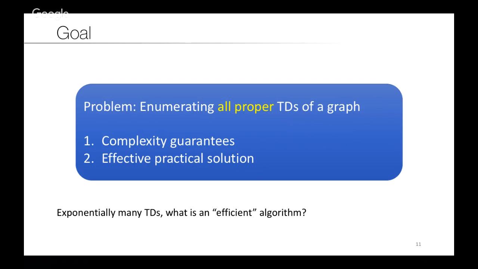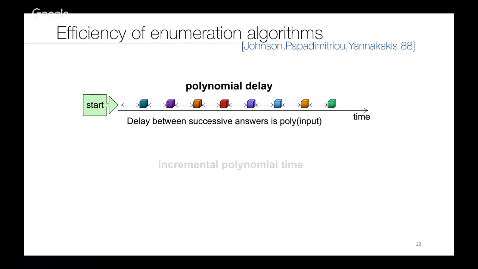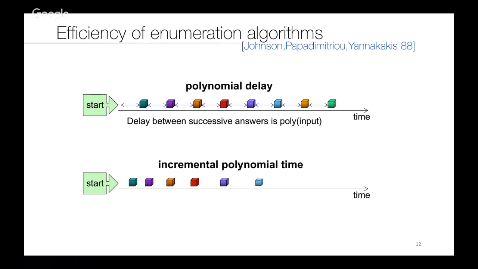Now, there can be exponentially many proper tree decompositions. So only printing them may take exponential time. So what is an efficient algorithm? This is where we use standard measures for complexity of enumeration. One of them is polynomial delay. This measure says that the delay between every two answers is polynomial in the size of the input.